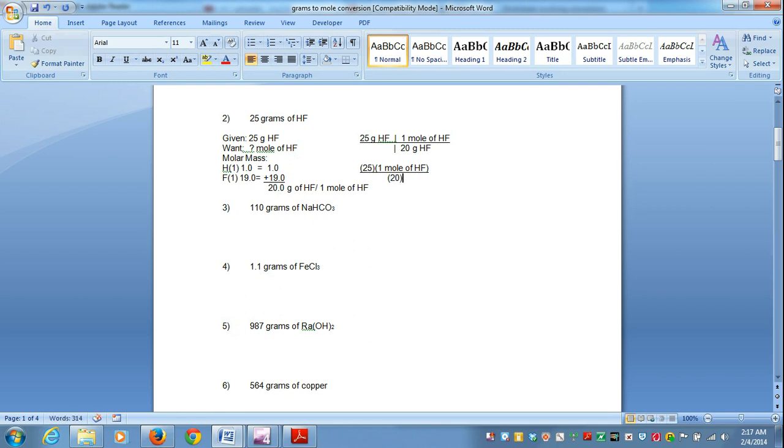So our answer, when we do the math, is going to be 25 times 1, which is 25, divided by 20, which gives us 1.25, and that'll be 1.25 moles of HF. Okay, and that is example number 2.